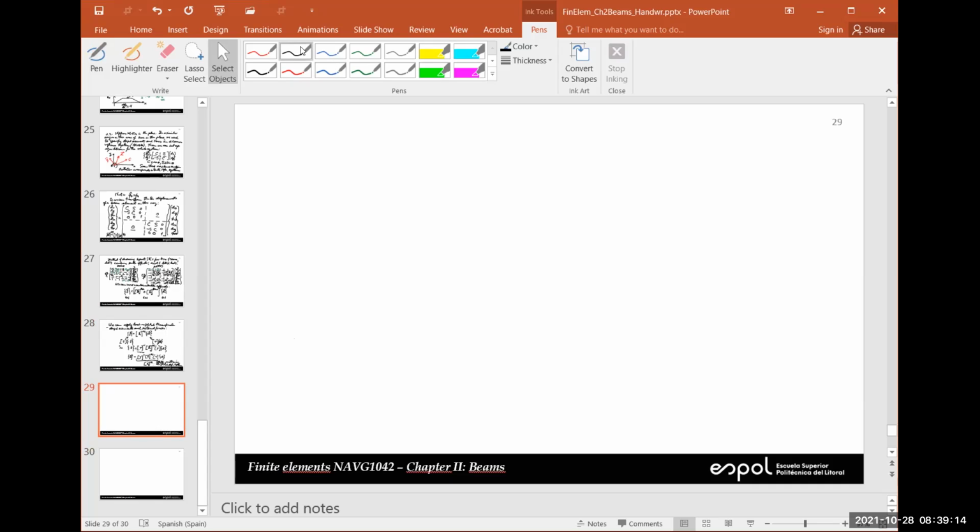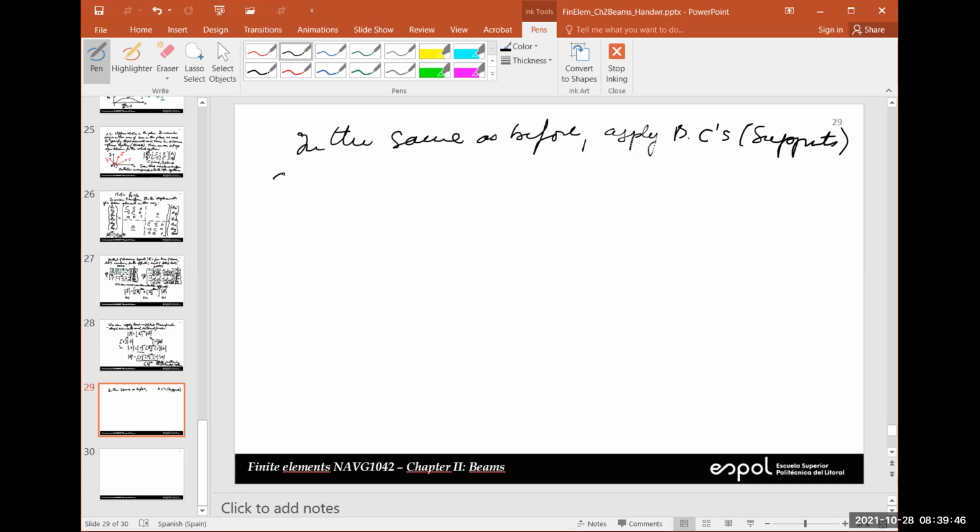Let me complete this explanation saying that, in the same way as before, apply boundary conditions, the supports, and solve in two subsystems.